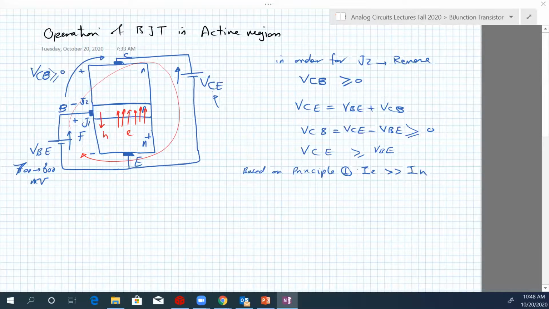This may be 1 to 100 or 1 to 200. So for each hole here, 200, for example, electrons move from N to P. And now the second question: where will these electrons go? Actually, they will continue in that way.